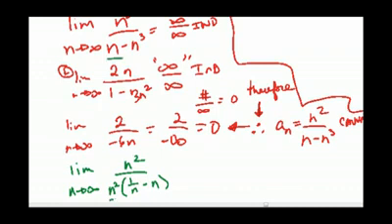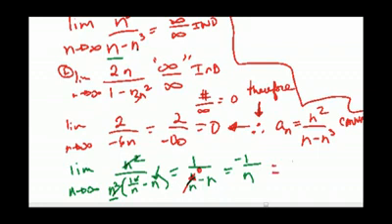N over n squared gives me that term. And then n cubed over n squared. Then the n squareds cancel. I get 1 over n minus n. This one here goes to 0 when I plug in infinity. And then I'm left with 1 over n, which when I replug in infinity gives me 0. So either way, we're going to get that it converges.